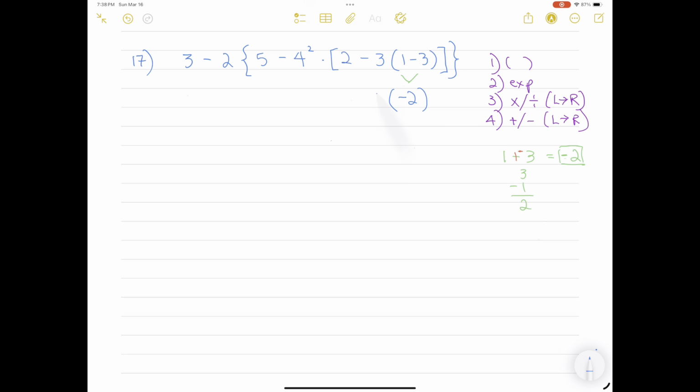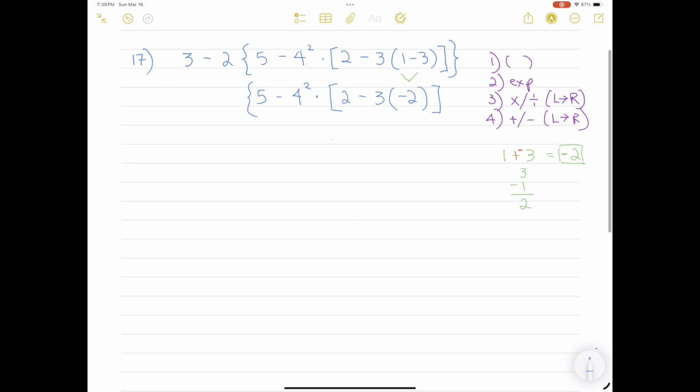I write negative 2 underneath 1 minus 3 on the line below, and then I scrupulously, again, write down all the symbols and brackets and signs and numbers on the line below, so that I have only simplified 1 minus 3, keeping the rest of the equation the same.